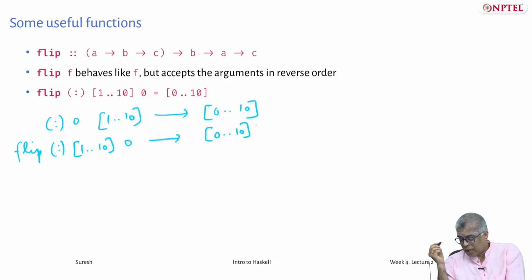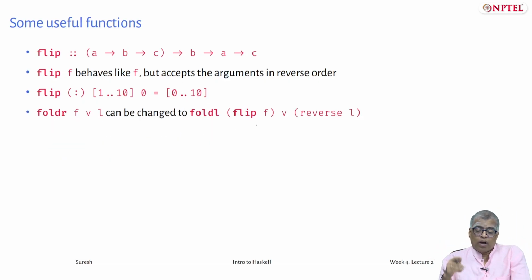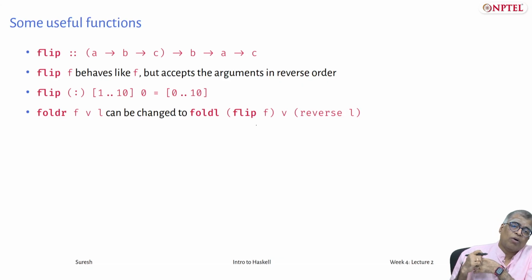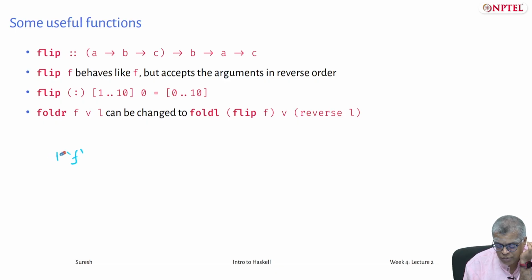Why do I mention flip here? Because here is the point: foldr f v l can be changed to foldl (flip f) v (reverse l). Recall what foldr is doing. Suppose I have a list x1 dot dot xn.